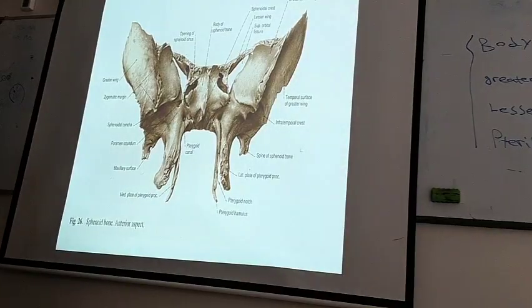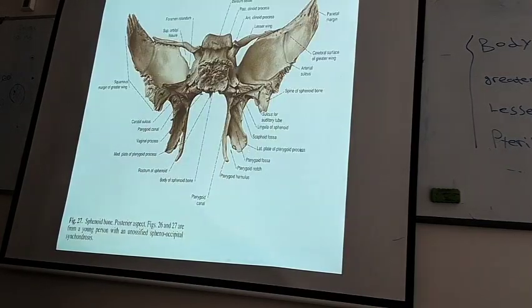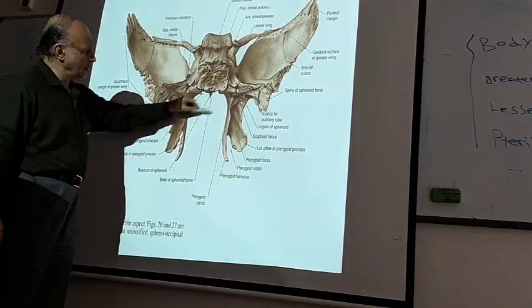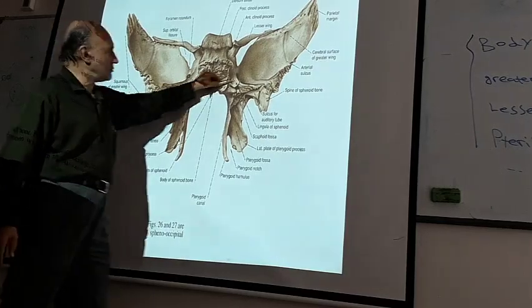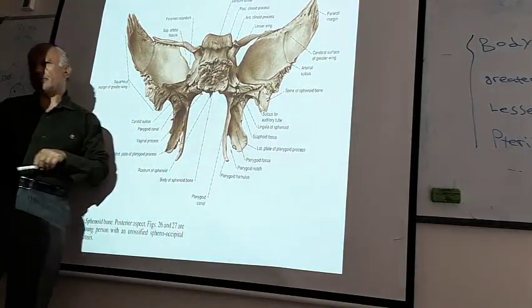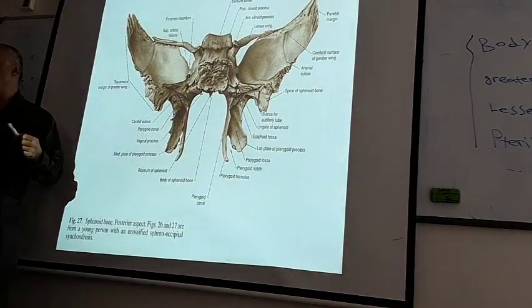This is the greater wings, and these are the lesser wings. Do you understand what the 4 parts of the sphenoid are?